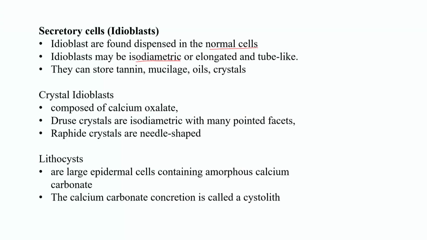These idioblast cells can have an isodiametric structure, or they might be elongated, or they might be tube-like, and they generally store tannin, mucilage, oils as well as crystals. In the previous lecture we discussed some idioblasts which contained a lot of crystals.